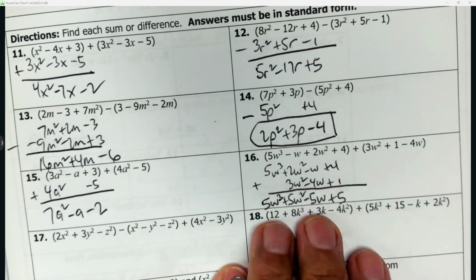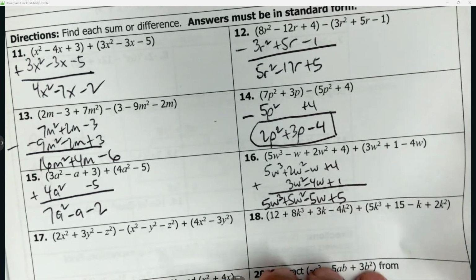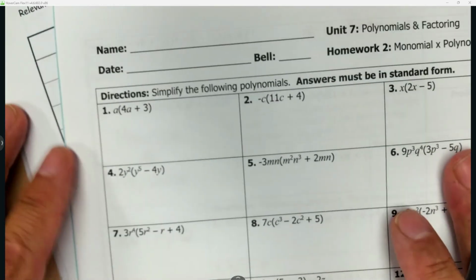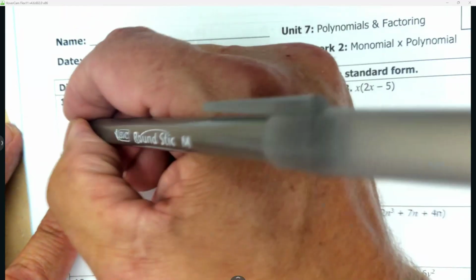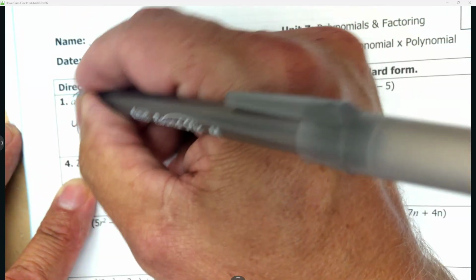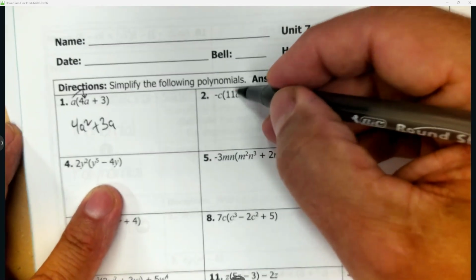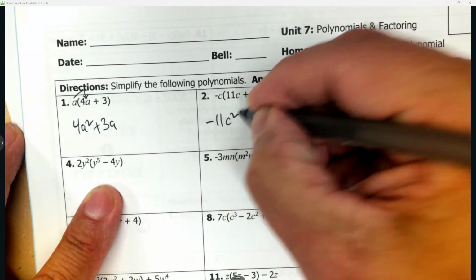Let's turn the page to page. What's the next homework on? Page 6. So can you distribute here? So a times 4a, you add the exponents, and a times 3. Negative c times 11 is negative 11c squared.